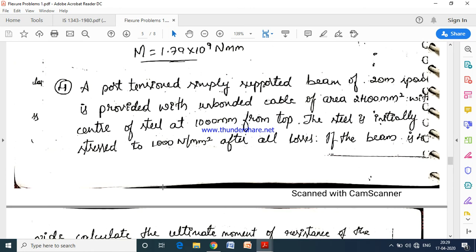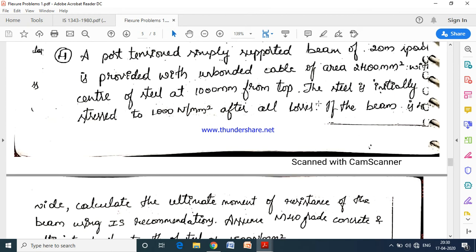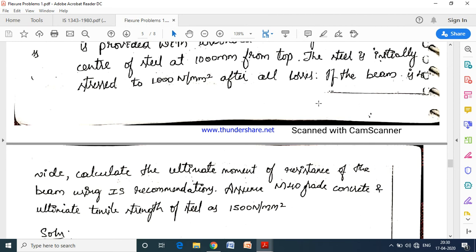Next problem. A post-tensioned simply supported beam of 20 meter span is provided with an unbonded cable of area 2400 mm², with the center of steel at 1000 mm from the top. The steel is initially stressed to 1000 N/mm² after all losses. If the beam is 400 mm wide, calculate the ultimate moment of resistance of the beam using IS recommendations.